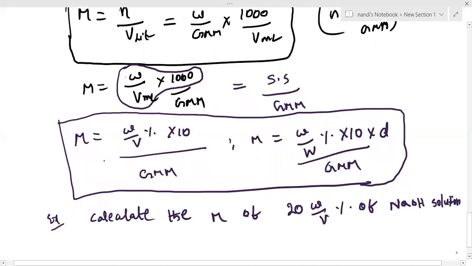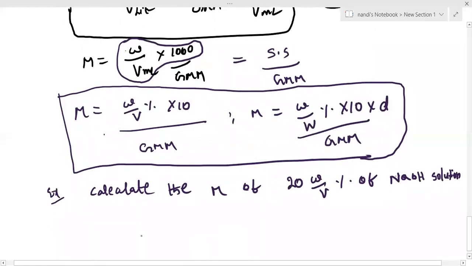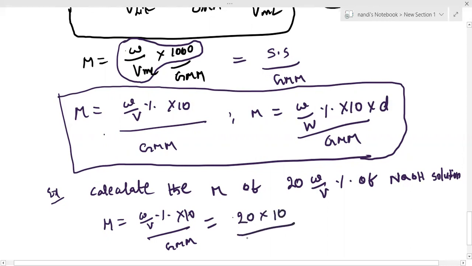Can you try it? Write molarity first. Molarity equals W by V percent into 10 by gram molecular mass. W by V percent is 20 into 10, by gram molecular mass, which is 40. You can calculate: 2 times, then 10 by 2, nothing but 5. You have to mention the unit: molarity, or moles per liter.